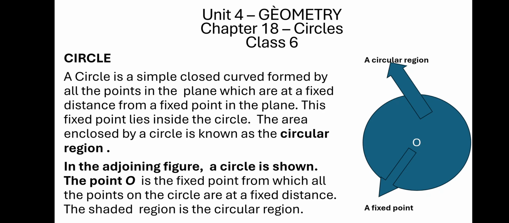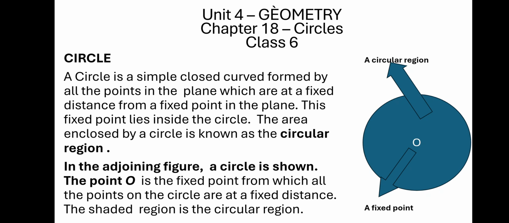A circle is a simple closed curve formed by all the points in the plane which are at a fixed distance from a fixed point in the plane. This fixed point lies inside the circle. The area enclosed by a circle is known as the circular region.